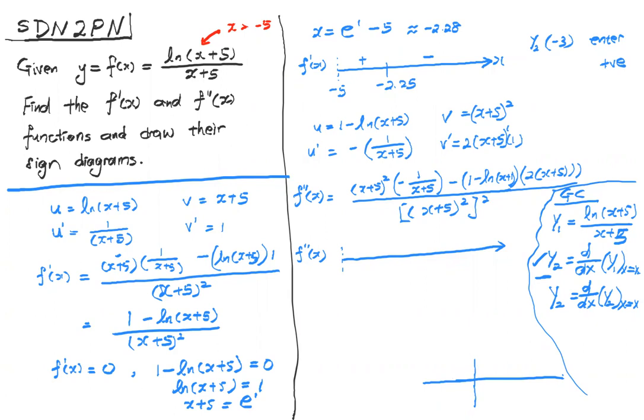So the f prime x graph will go some sort like this. It will turn somewhere, I don't know where, then it will go like that. It will turn here, this is your -2.25, and this is your vertical asymptote, -5.